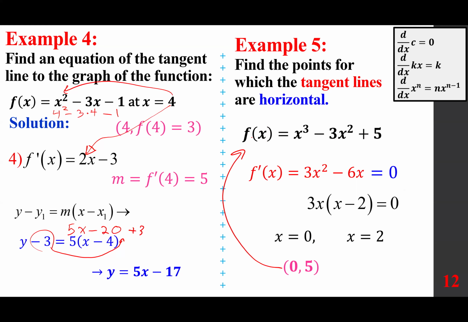If you plug in 2, you get 2 cubed, which is 8, minus 3 times 2 squared, which is 4 times 3 is 12. 8 minus 12 plus 5 is equal to 1. And that's the second pair. So what points? The first one is 0, 5, and the second one is 2, 1. 2 different points.